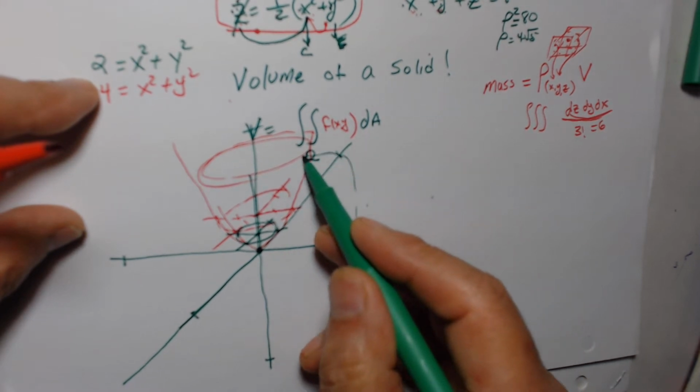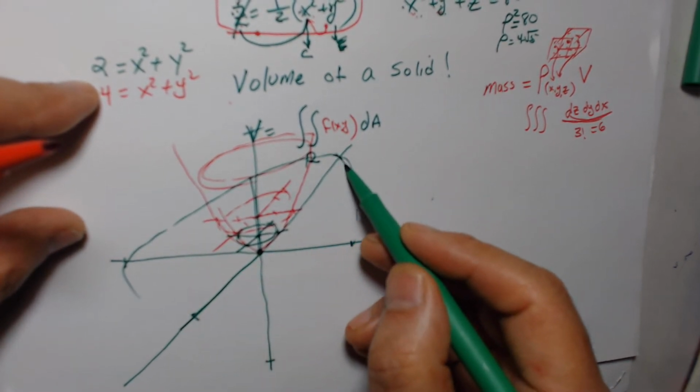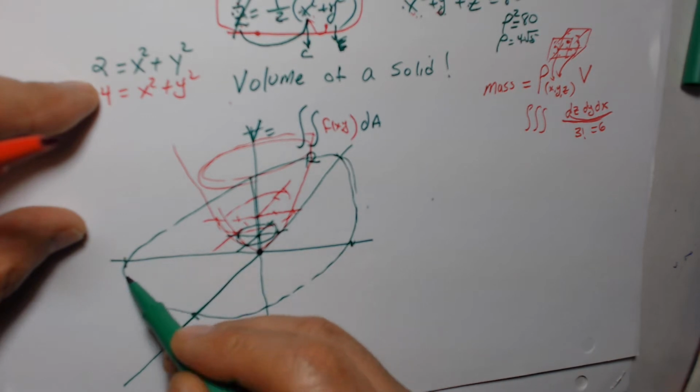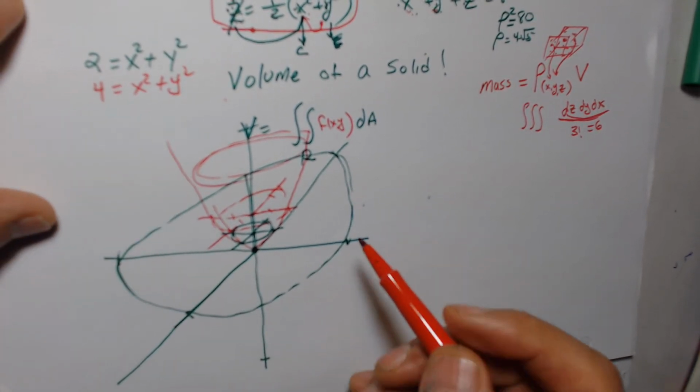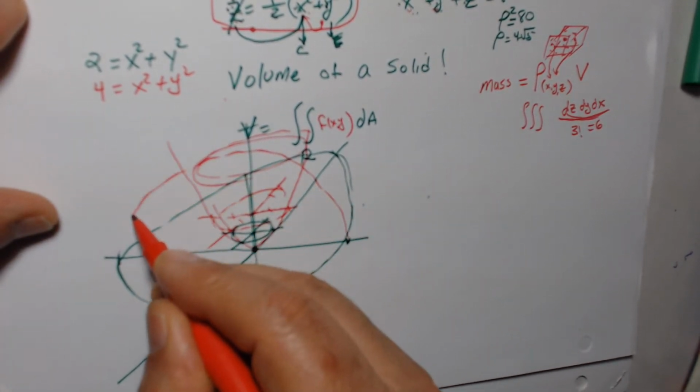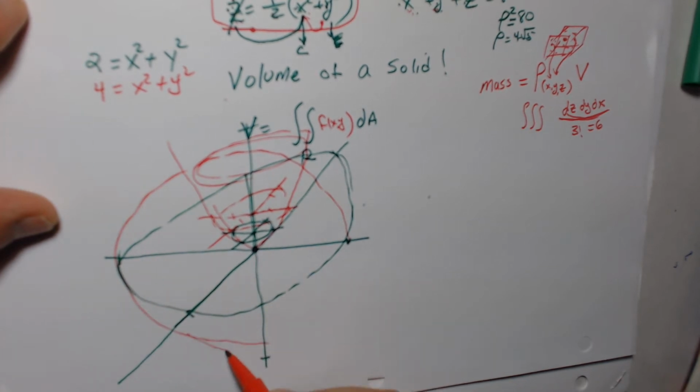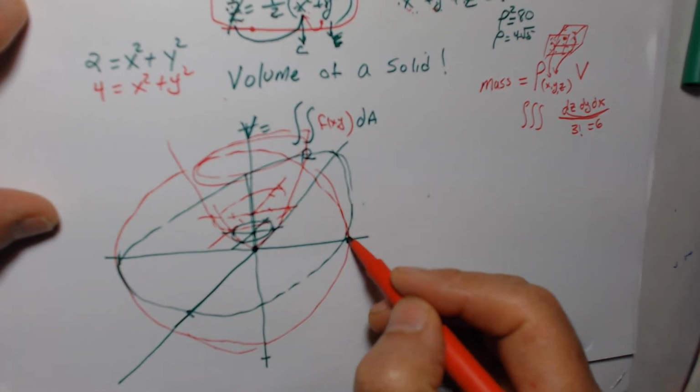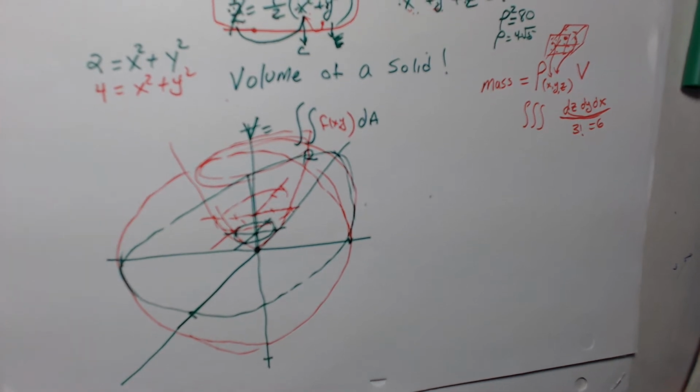And in here, these are my x and y, and this one is the y and z. I didn't do it perfectly.